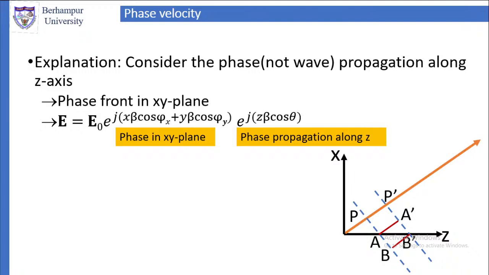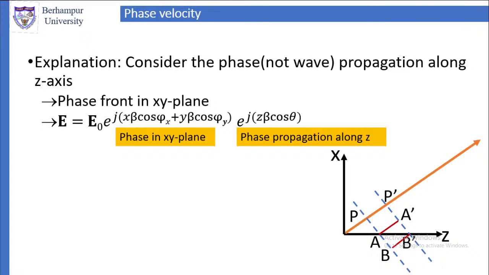The first dashed line, near the origin, PAB, gives you the phase front. That is in the xy plane, and it is crossing the z-axis at the point A. PAB is the wave front.